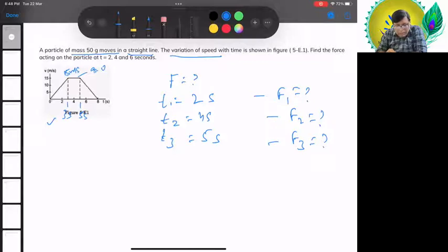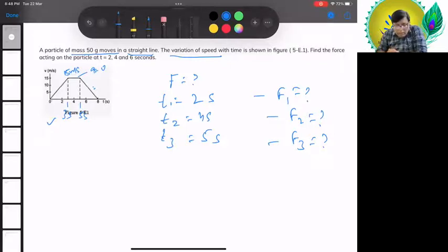So the object is moving with uniform velocity. After 5 seconds till 8 seconds, the speed is continuously decreasing, so this is decelerating. This gives the negative acceleration.